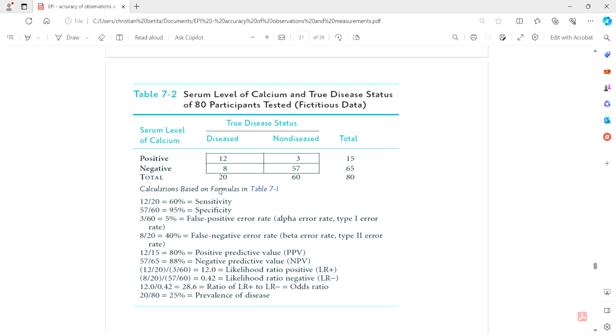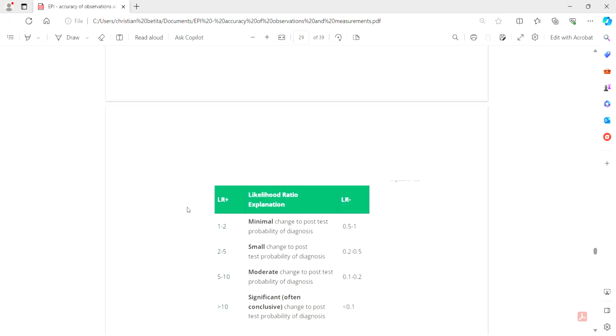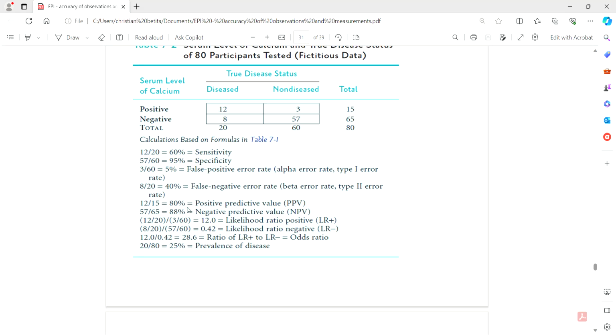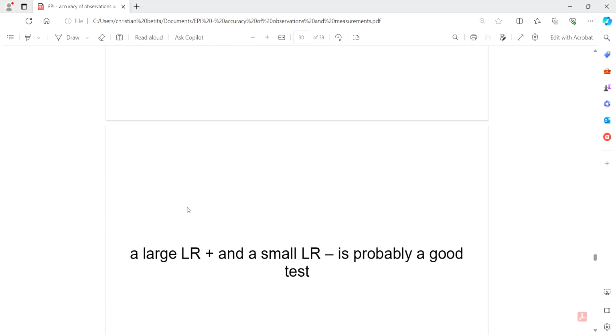So is this a good test? The sensitivity is relatively high. The specificity is higher. So is this a good confirmatory test or a screening test?